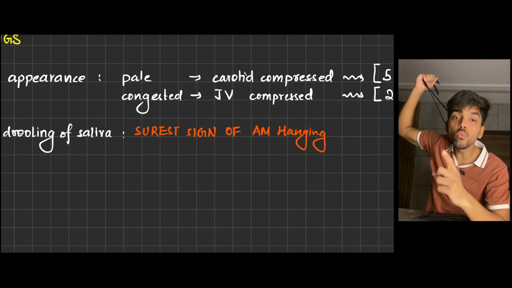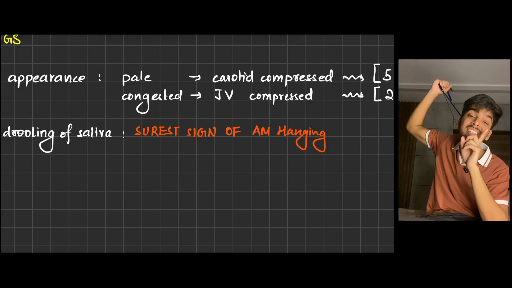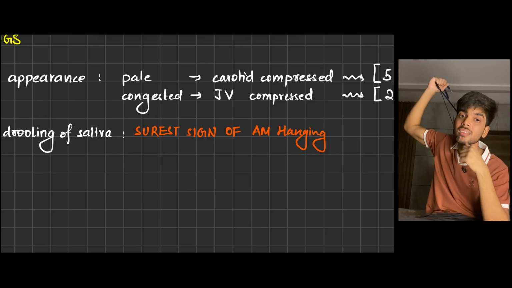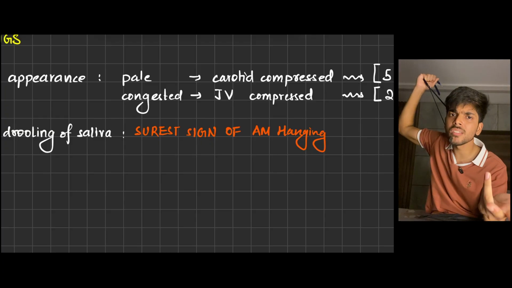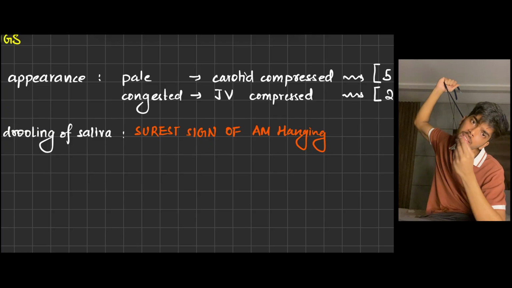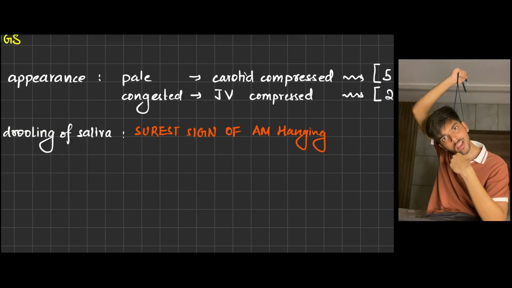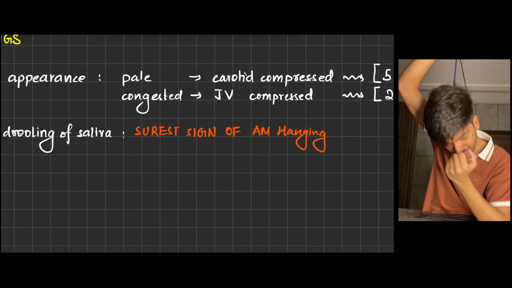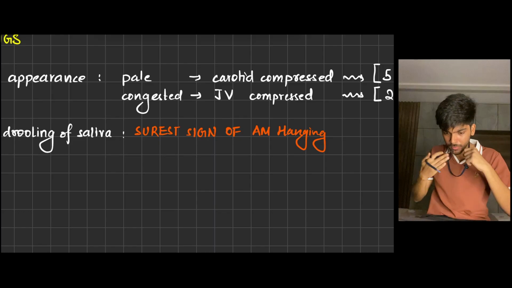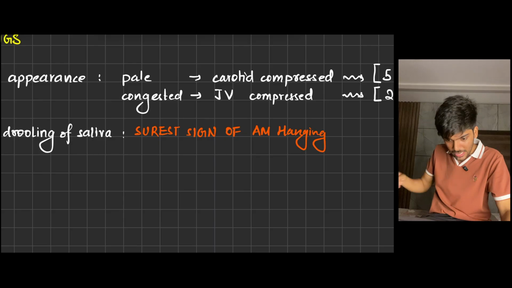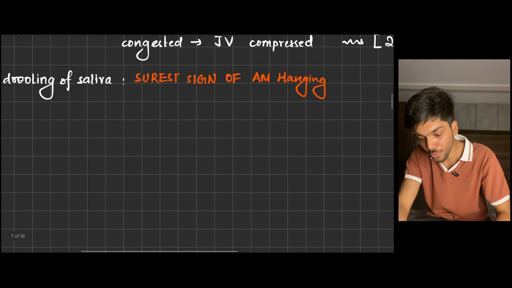Now, depending on which position my head is tilted towards while hanging, the saliva will drip on the same side because of gravity. So if my head is like this, the saliva will drip like this. So that's the surest sign of antemortem hanging, drooling of saliva.